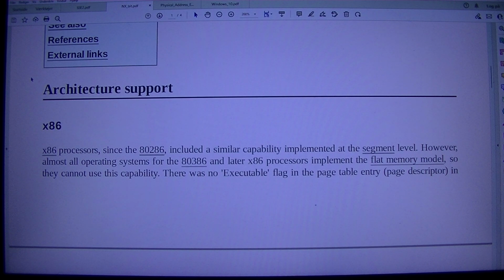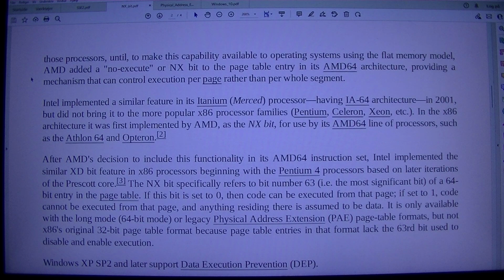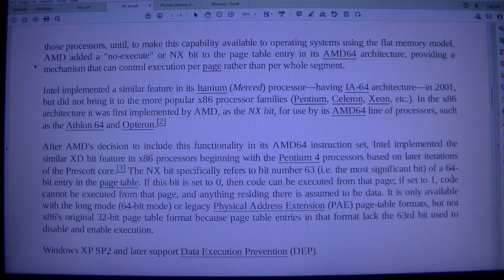There was no executable flag in the page table entry, page descriptor, in those processors, until AMD, to make this capability available to operating systems using the flat memory model, added a no execute or NX bit to the page table entry in its AMD64 architecture, providing a mechanism that can control execution per page rather than per whole segment.